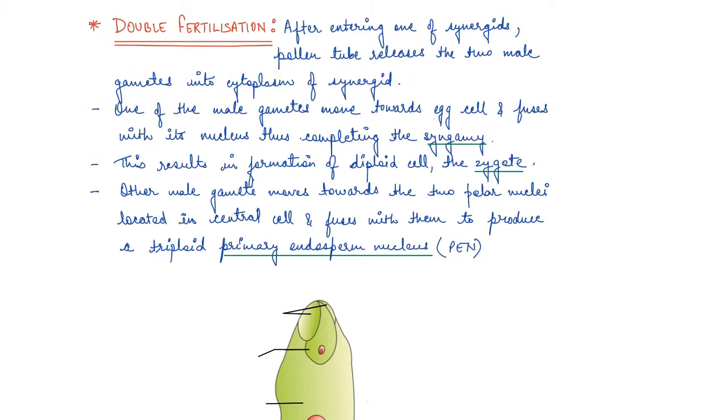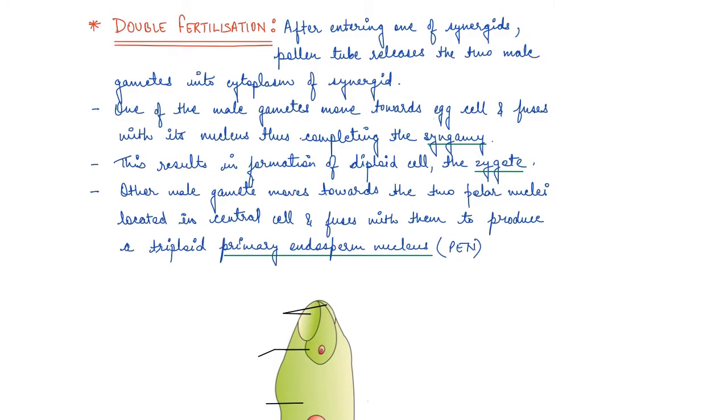Now one of these male gametes moves towards the egg cell and fuses with its nucleus, thus completing fertilization or syngamy. This results in a diploid zygote. Now, what happens to the other male gamete? The other male gamete moves towards the two polar nuclei which are located in the central cell.